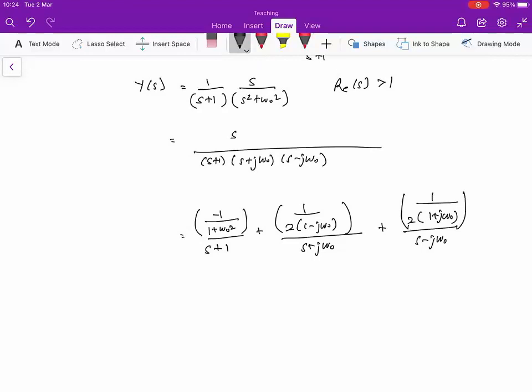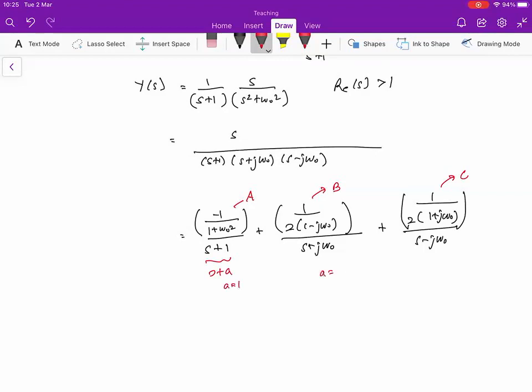When we get these three terms, remember that from the perspective of the transform, this is just some constant A, this is some constant B, this is some constant C, which are independent of s. And so when we take the inverse transform, all we care about is the form s plus a, where a here is equal to 1.